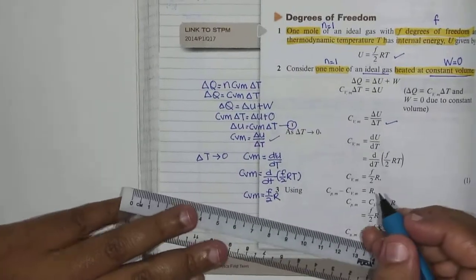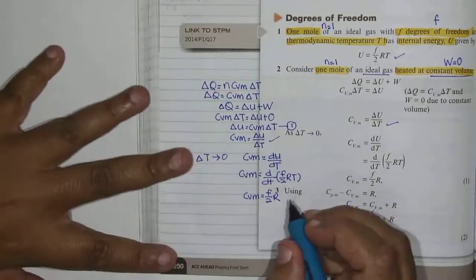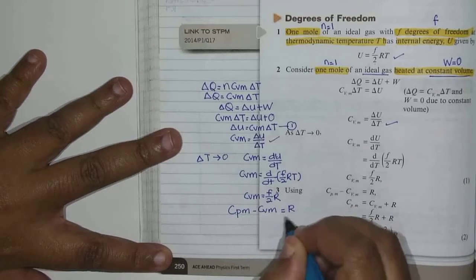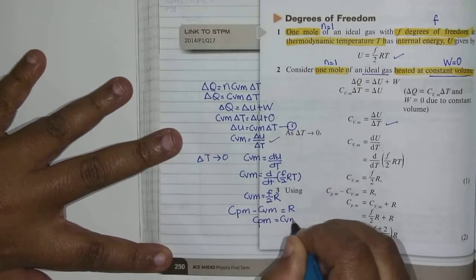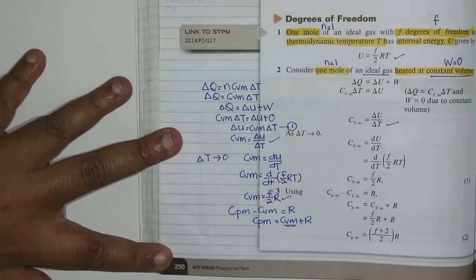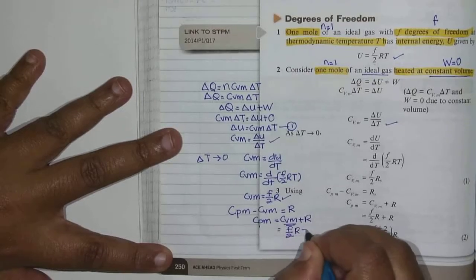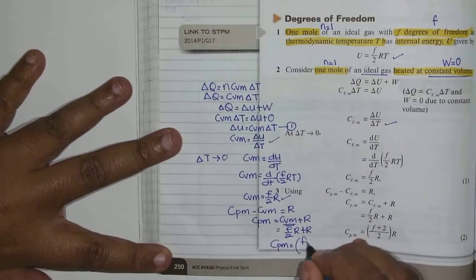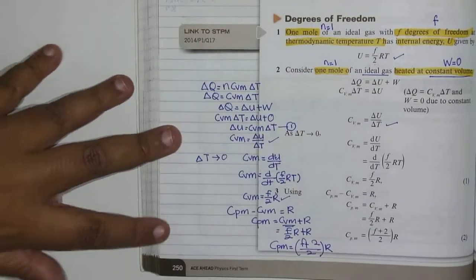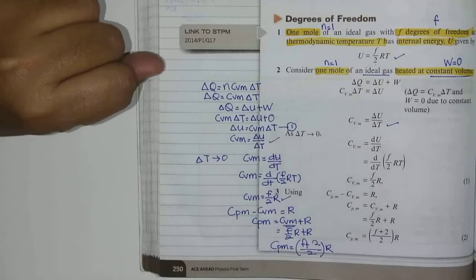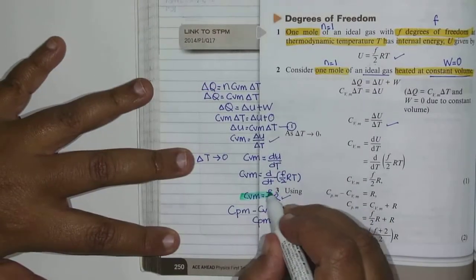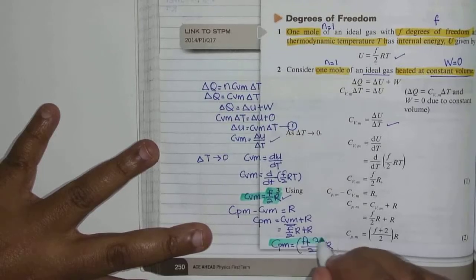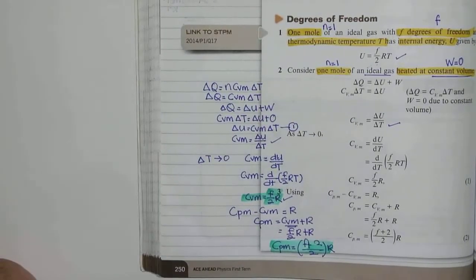From the formula we have studied for the relationship between CPM and CVM, CPM minus CVM equals R. So CPM equals CVM plus R, where CVM is F over 2 R. So F over 2 R plus R gives CPM equals F plus 2 over 2 R. This is the formula for the relationship of CVM with degrees of freedom, and this is the formula for the relationship of CPM with degrees of freedom, F plus 2.